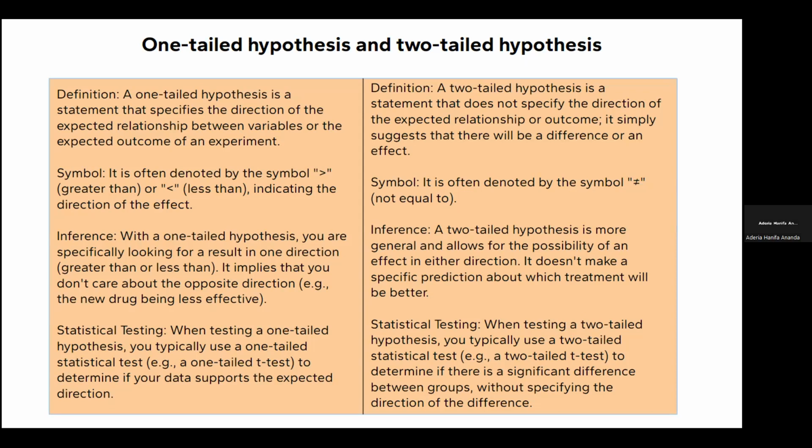So in inference, a one-tailed hypothesis is specifically looking for a result in one direction, greater than or less than. So it implies that we don't care about the opposite direction. For example, the new drug being less effective.